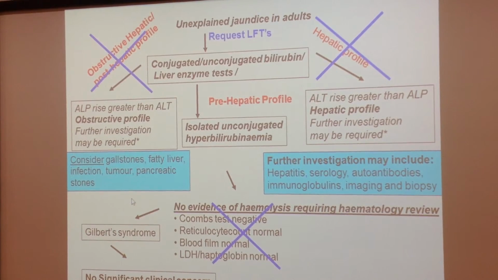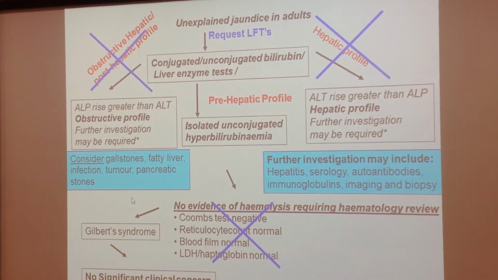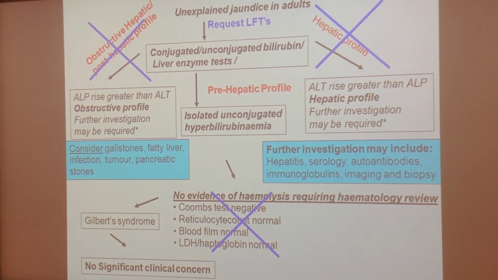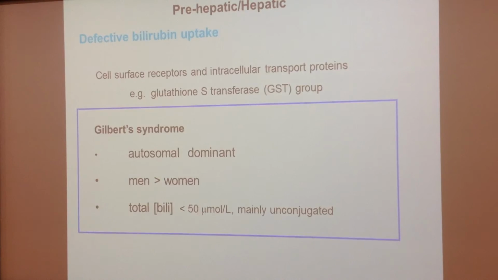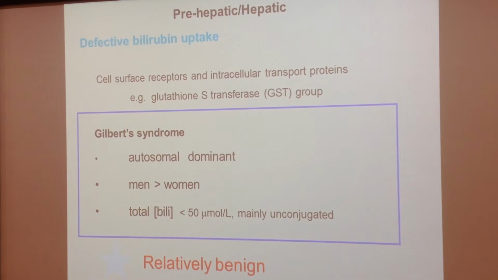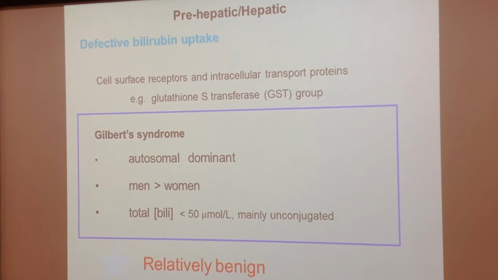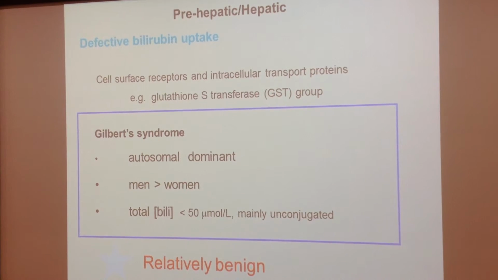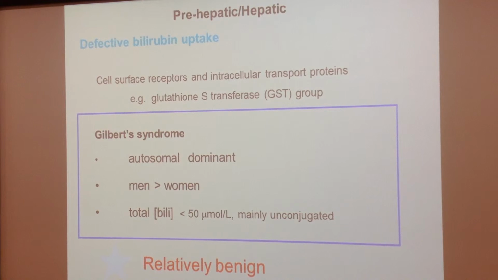This patient had a disorder called Gilbert syndrome. No clinical concern. Gilbert syndrome, as it states at the bottom, is relatively benign. It's a genetic-based disorder where there's a defect in the uptake of bilirubin into your hepatocytes.